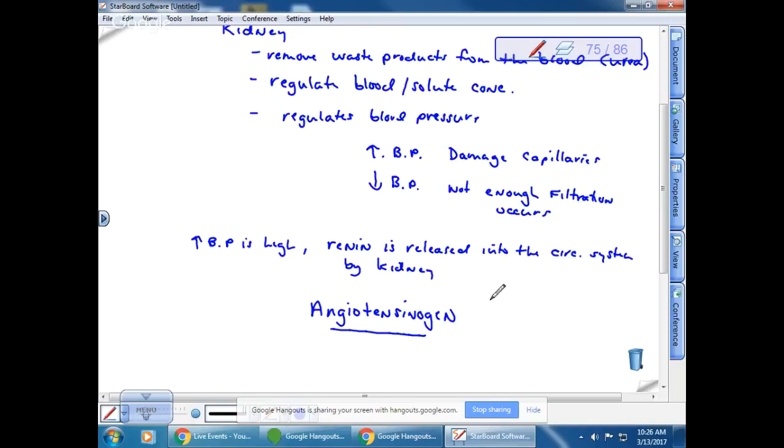Okay, so angiotensinogen is converted to angiotensin 1. Actually 2, sorry, angiotensin 2. Okay, I'm not sure why it's 2, but it is. Okay, so biochemistry, they gave that 2. Okay, so this is inactive, this is active.